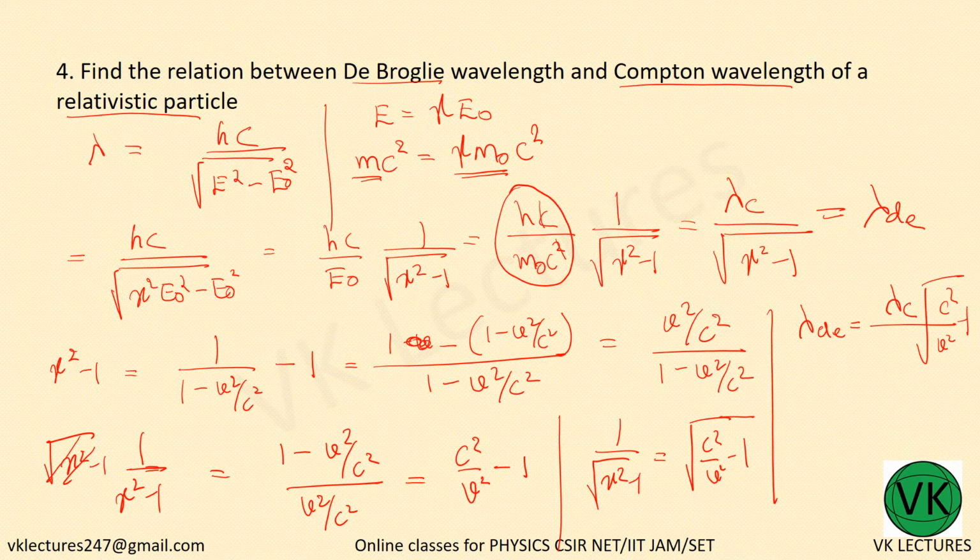So once again, lambda de is equal to lambda c into under root c square divided by v square minus 1, or you can write lambda de divided by lambda c is equal to under root c square by v square minus 1.